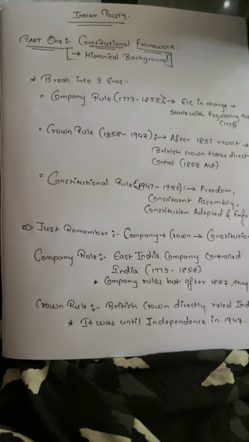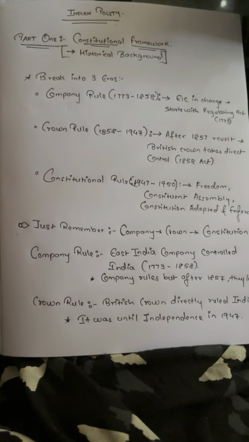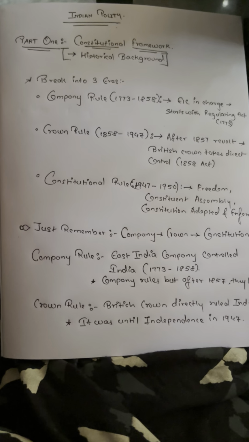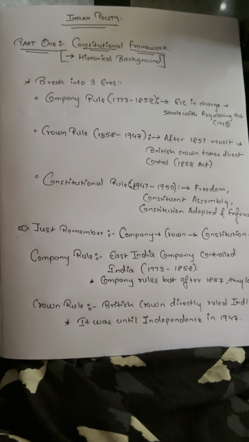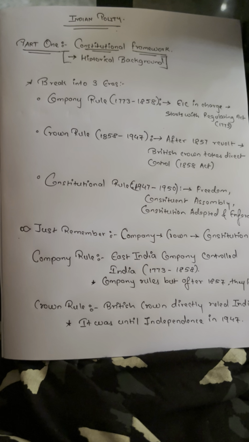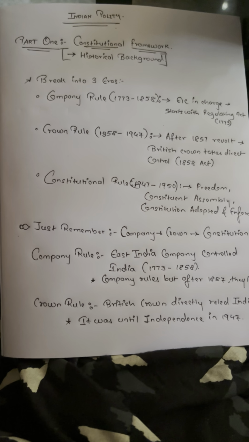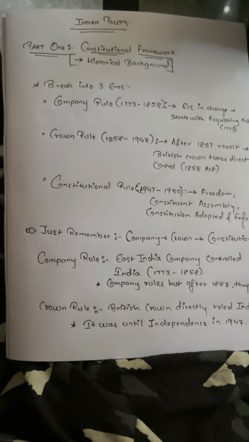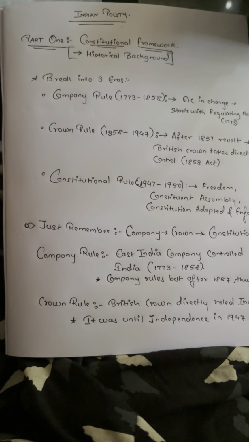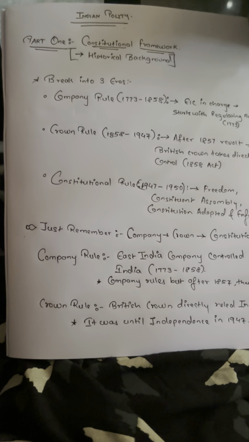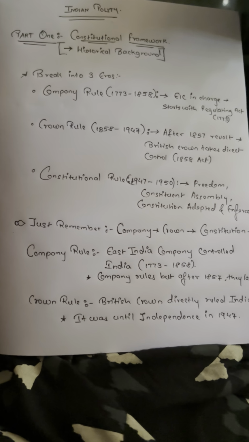So, with independence came the need for a constitution. Hence, a Constituent Assembly was formed for the purpose in 1946, and on January 26, 1950, the Constituent Assembly's Constitution came into being. However, various features of the Indian Constitution and polity have their roots in the British rule.